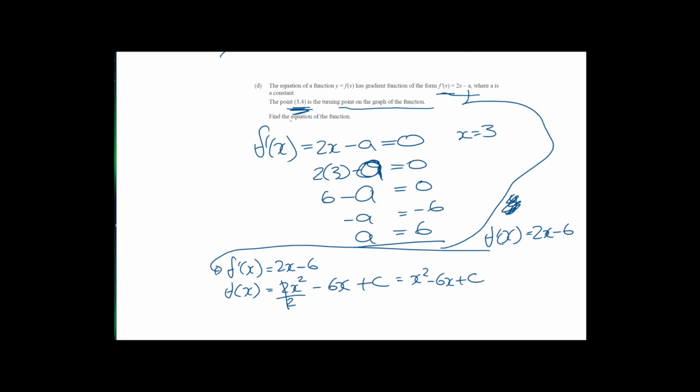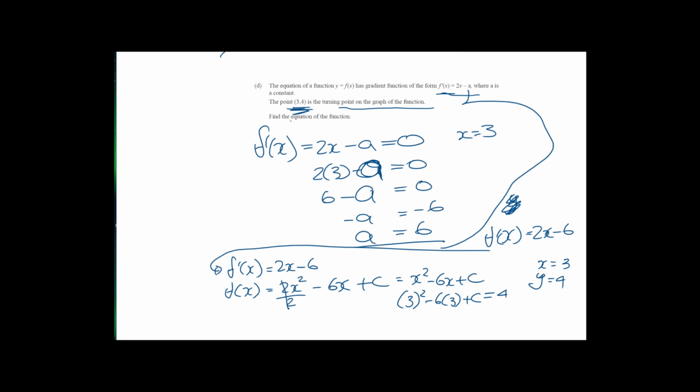Now we know a point, (3, 4). So in other words, when x equals 3, y equals 4. So 3 squared minus 6 times 3 plus c, whatever c is, equals 4.